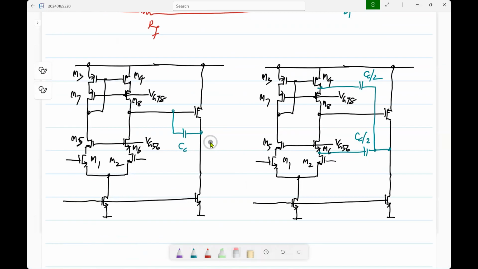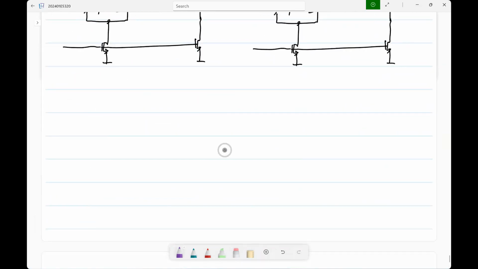Now one thing, this is just information. In all the examples I have used an NMOS input stage, but you can also use PMOS. Which one would you use? It depends. The input differential pair can be PMOS or NMOS.